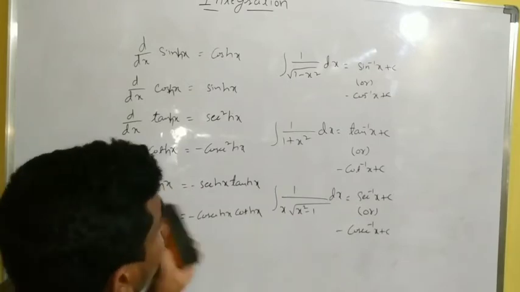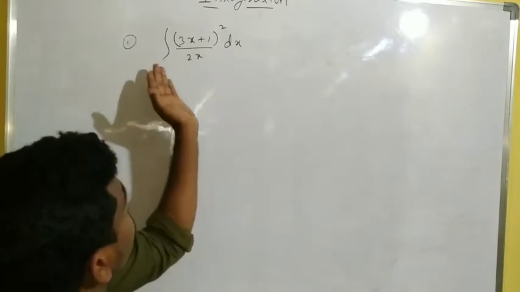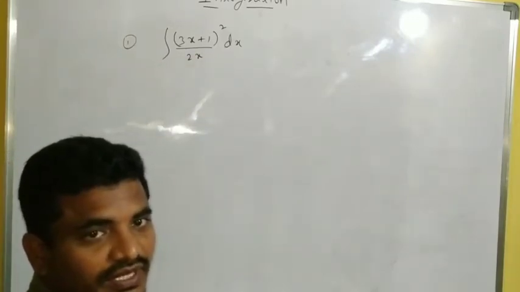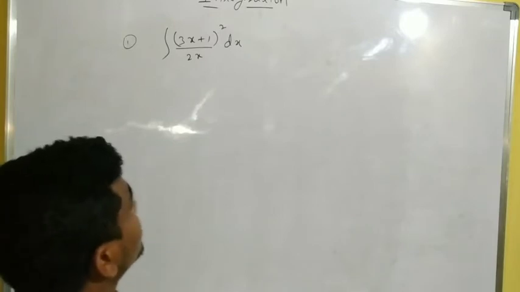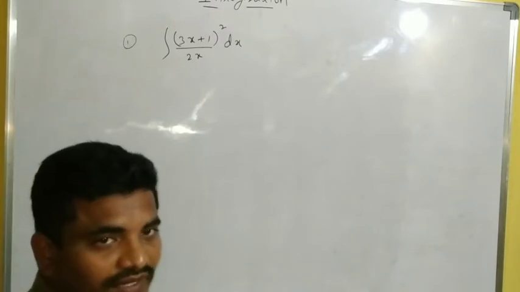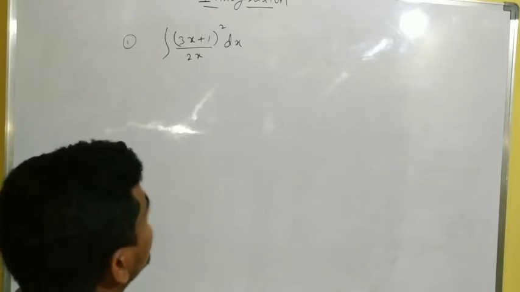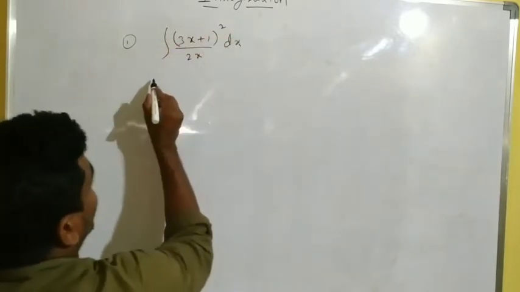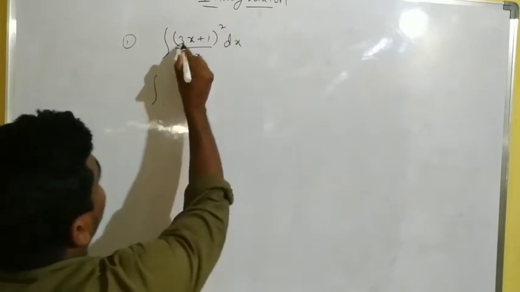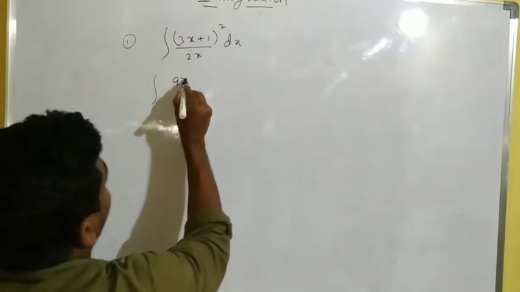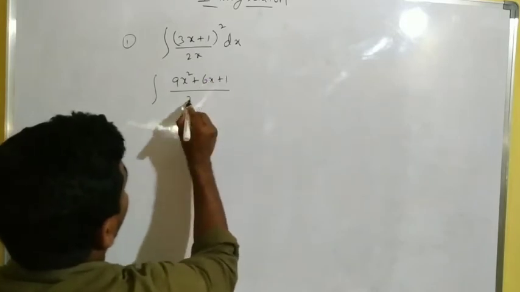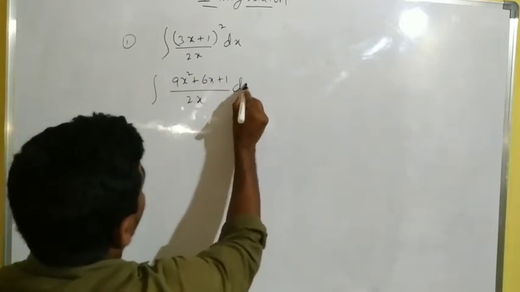Okay, now come to the question: integration of 3x plus 1 whole square by 2x dx. Okay, evaluate integration of 3x plus 1 whole square by 2x dx. So let's see how to solve this. First of all, it is like a plus b whole square. I am expanding that. When you expand this, we can write 9x square plus 6x plus 1 by 2x dx.